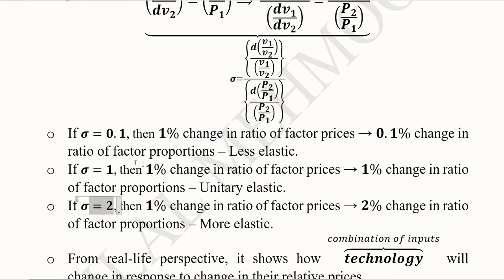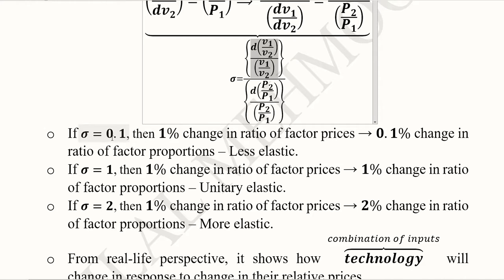If it is equal to 1, we call it a unitary elastic situation, and in that case, if a 1% change in the ratio of the factor prices happens, a 1% change will happen in the ratio of the factor proportions.